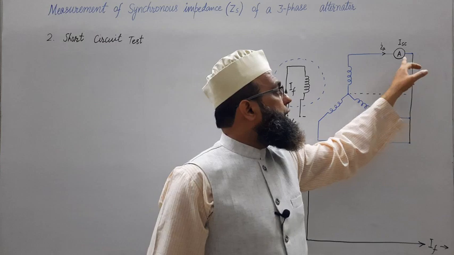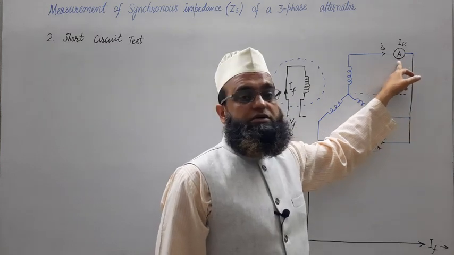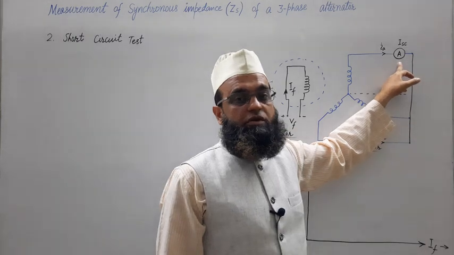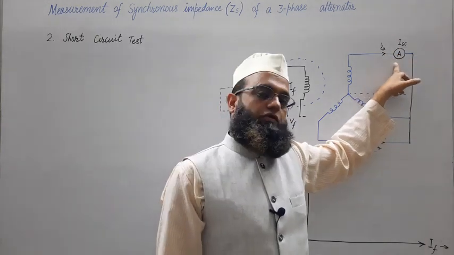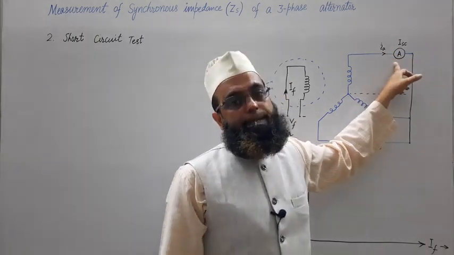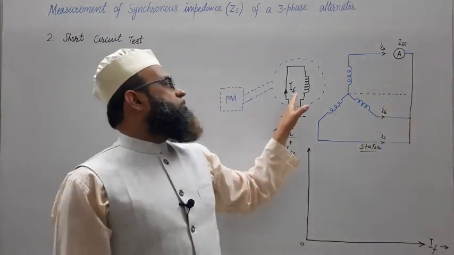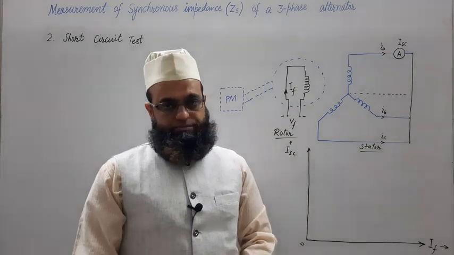Once the ammeter shows ISC equal to the rated armature current, we should stop increasing the field current.